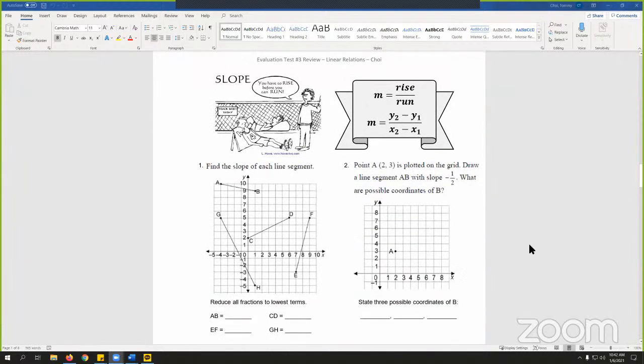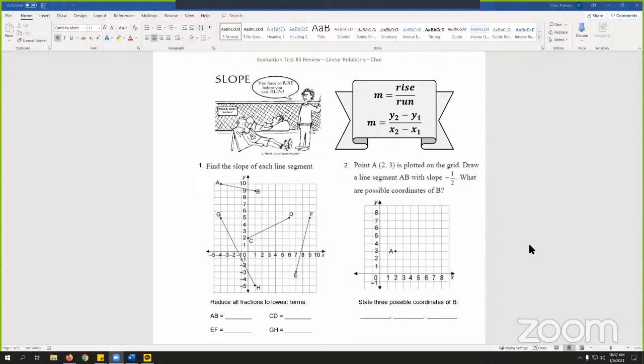We then talked about slope, right? We have our 2 equations, rise over run, as well as m = (y2 - y1) / (x2 - x1). These are all equations that I will give you on the test that you can use. So please keep that in mind here. And you need to be able to find slope using these 2 formulas.